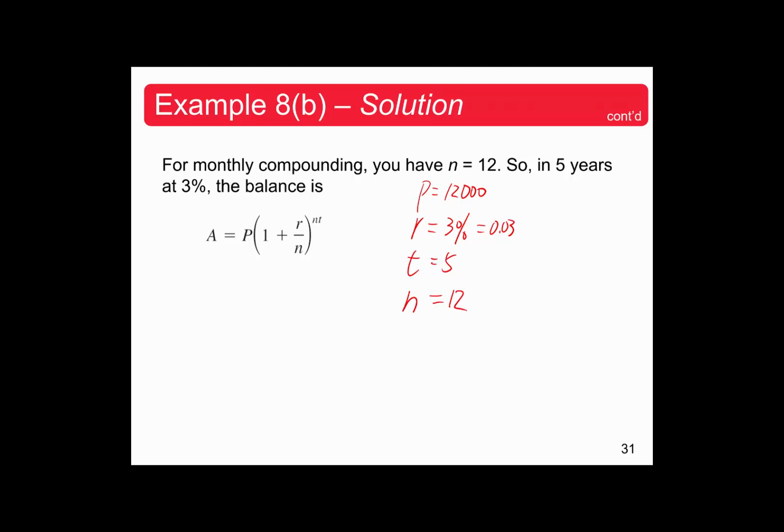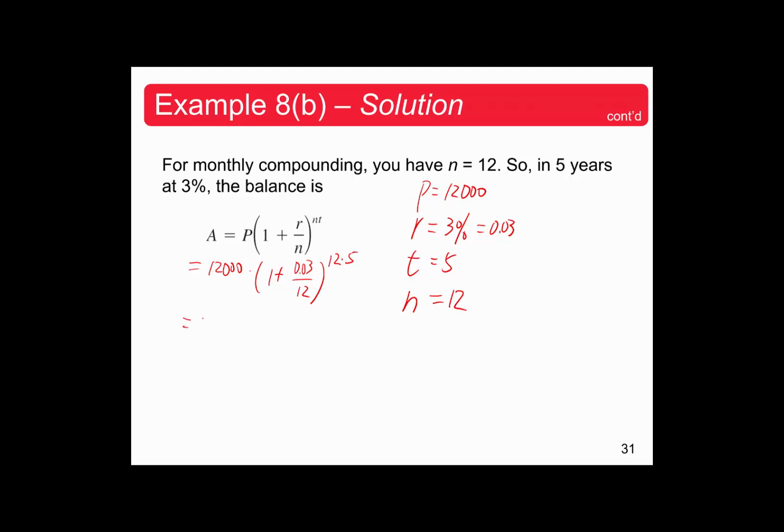You're generating interest on a monthly basis, so N equals 12. So now one more time, we just plug in the numbers. 12,000 times 1 plus 0.03 over 12 to the NT. N is 12 times t is 5.